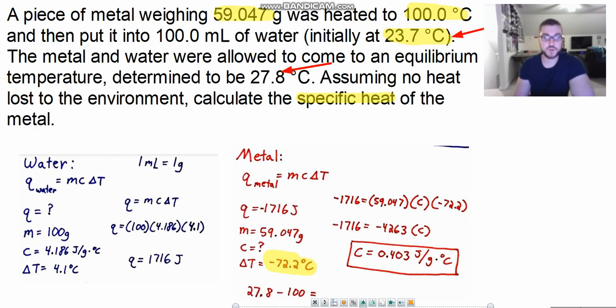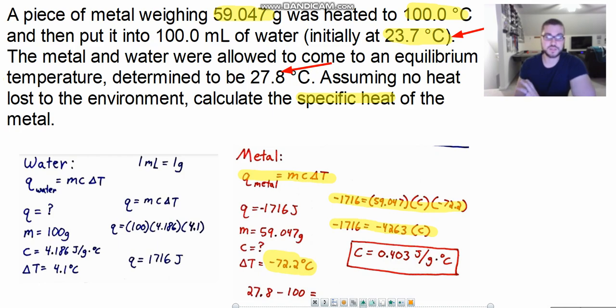Now, how would we put all this together? Well, we're going to use our Q equals MC delta T equation again. We plug in Q, we plug in M, and we plug in delta T, and we solve for C. You can see here I just did some algebra. I simplified the right side a little bit, and then I took negative 1,716 divided by negative 4,263.